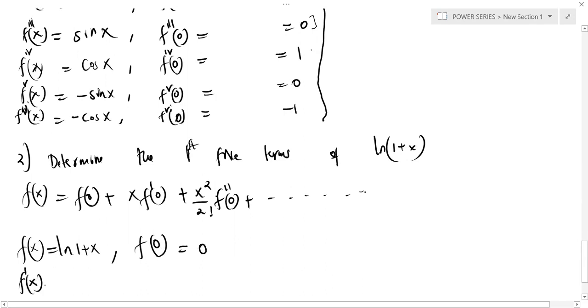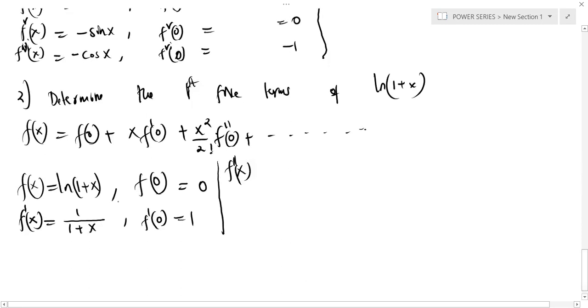Then we go straight ahead to differentiate. What is the derivative of ln(1 plus x)? That will be 1 over 1 plus x. So what is f prime of 0? Replacing 0 here, we will have 1. I want to continue here to save space. What is f double prime of x? I can write it as 1 plus x raised to the power -1 so that I use the chain rule.